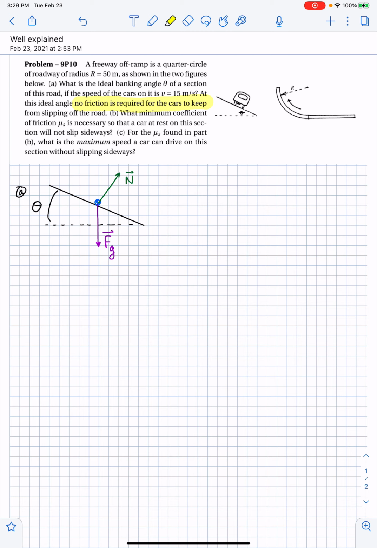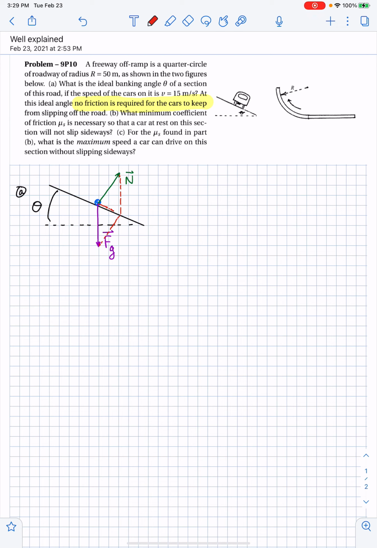Okay. Now, here's what we need to understand. If there was not a turn of radius r like this, then let's say if it were just at an angle like that and the car were going to be going straight, then those two vectors right here would create a net force, right, which is the sum of the two vectors.